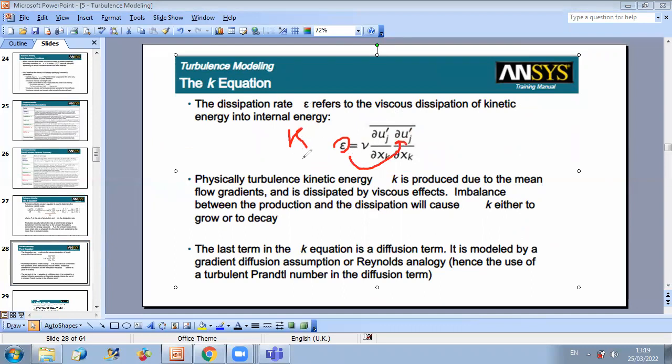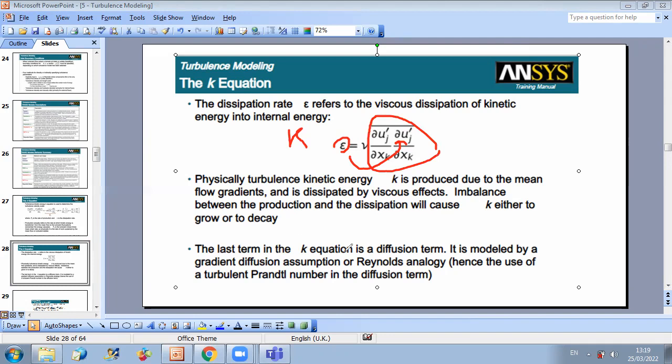This is why when we solve for them, we'll be able to compute the stress terms, okay? So physically, turbulence kinetic energy is produced due to the mean flow gradients and is dissipated by viscous effects. Imbalance between the production and the dissipation will cause then K either to grow or to decay.